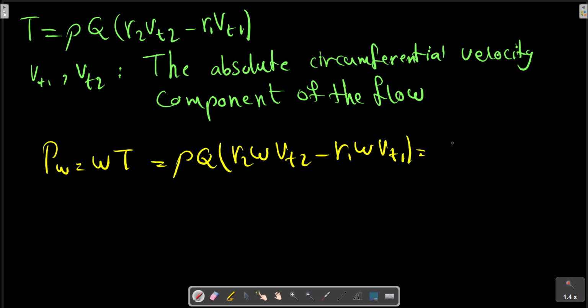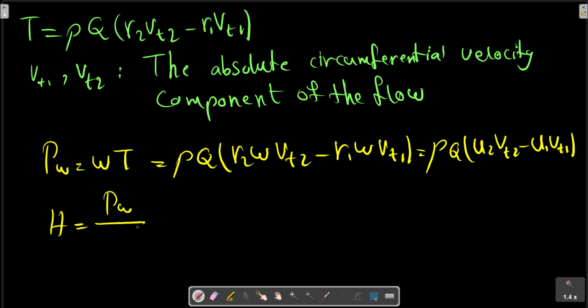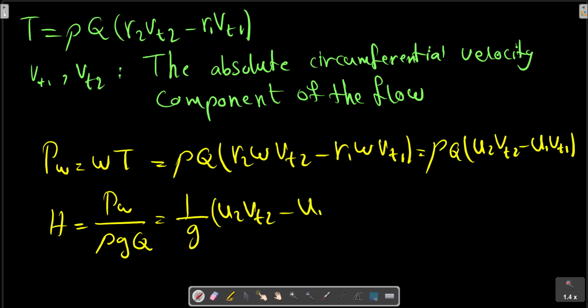R omega is the velocity U, so this is U2 Vt2 minus U1 Vt1, and H as in the previous relation is power over rho g Q. These are the Euler turbomachinery equations.